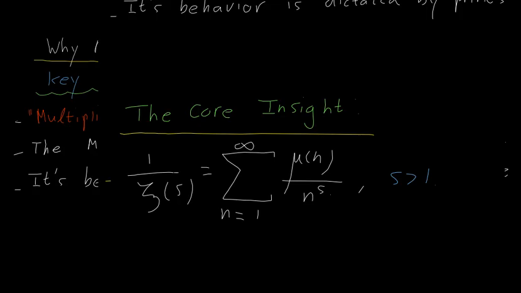So what does that mean intuitively? I said how the infinite series of the Mobius function is equivalent to the Dirichlet series. What's the point of this equation? We have to understand what it means.